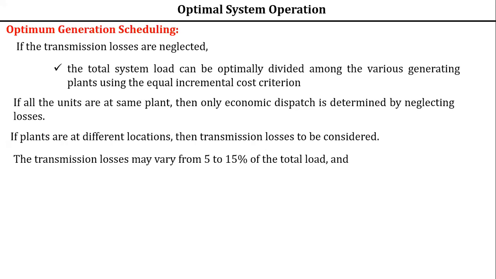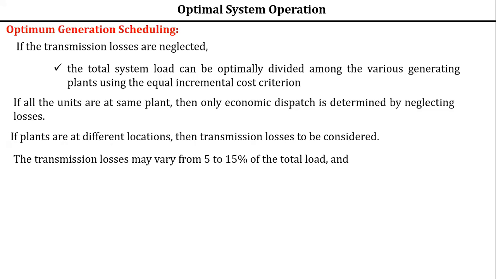Suppose the total load demand is 100 megawatt. On the generation side, if you are generating 100 megawatt only, the load demand is 100 megawatt and it is not sufficient. Why? Because you have to transmit that power over a transmission line.